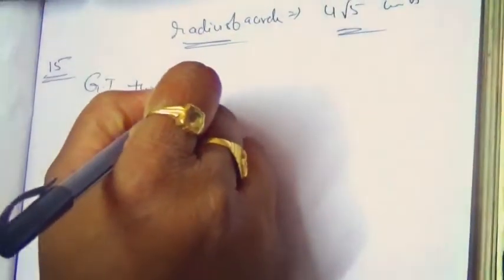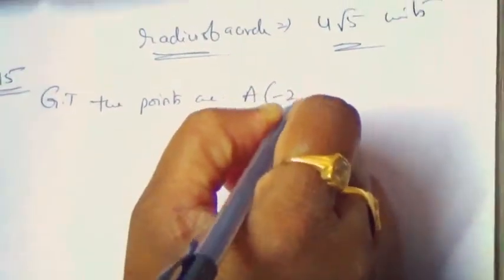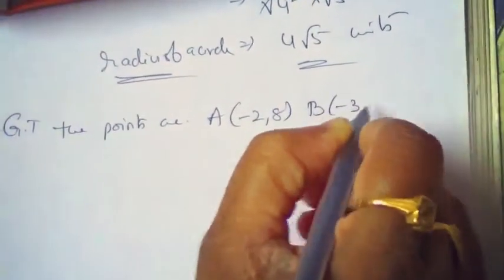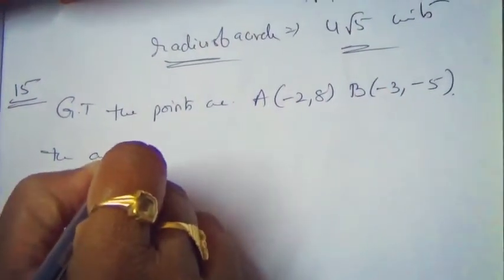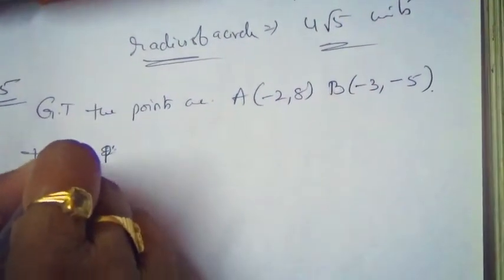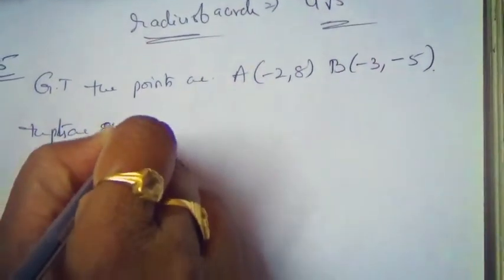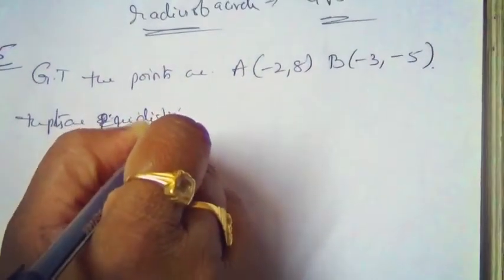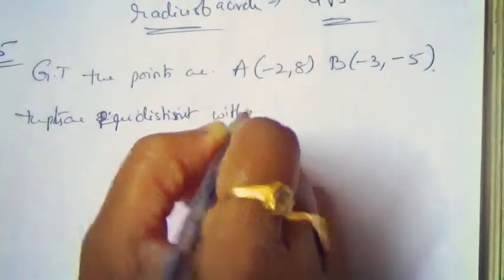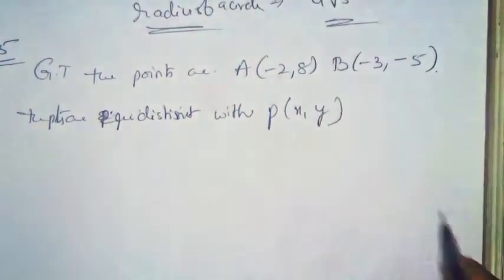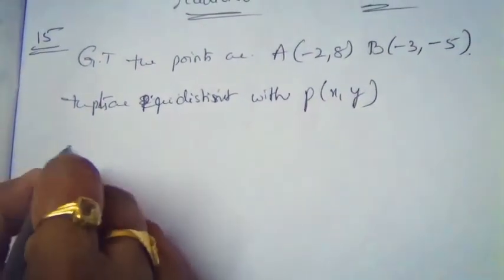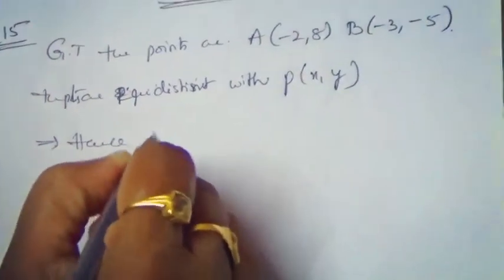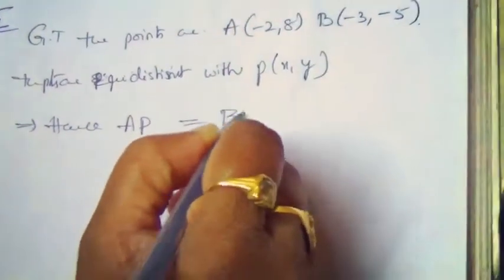Given that the points are A(-2, 8) and B(-3, -5). These two are equidistant from P(x, y). Equidistant means AP is equal to BP.